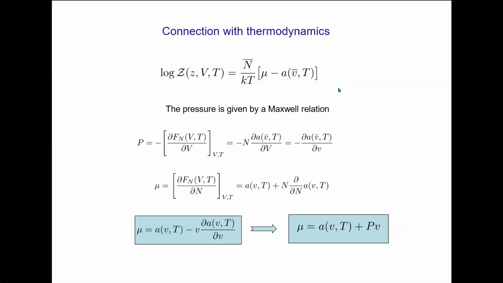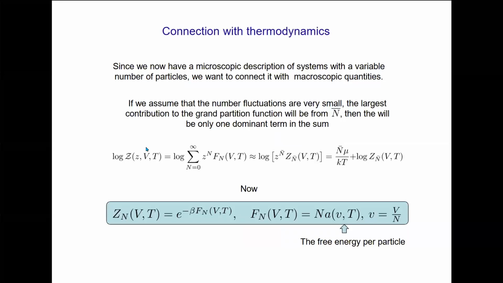Now, let's remember that at this stage, this is a completely microscopic description. We didn't make any connection to thermodynamics yet. So we started with the grand canonical partition function.